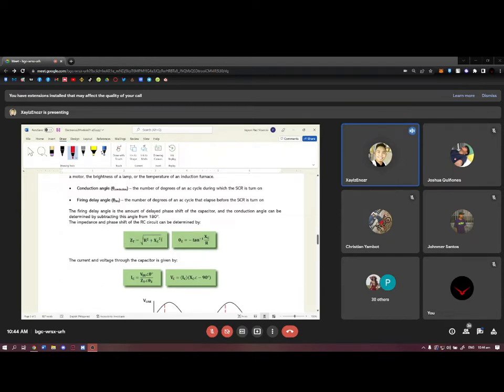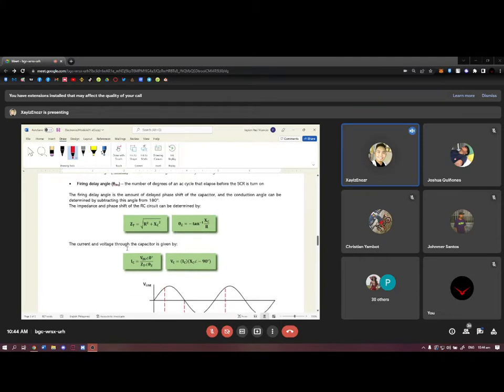And yung phase ng ating impedance is negative arctangent of XC over R. Then, the current and voltage of the capacitor is given by IC equals VIN angle 0 degrees, for line voltage. Pag hindi naman binigay yung degrees, that is automatically set as 0 degrees.